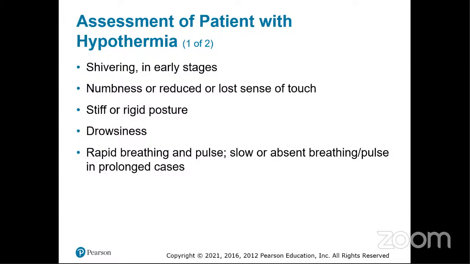Drowsiness, they get tired, everything's starting to slow down. You're going to get rapid breathing and pulse, or you can get slow and absent breathing and pulse in prolonged cases. So a lot of the times we'll start breathing faster, start trying to beat faster, and then all of a sudden you'll get slower, and then all of a sudden you'll have prolonged absence of either.